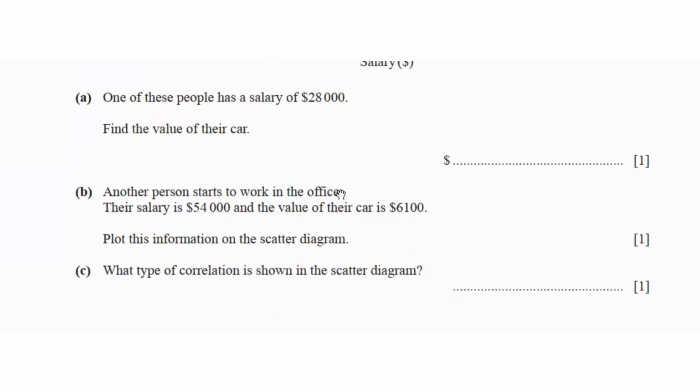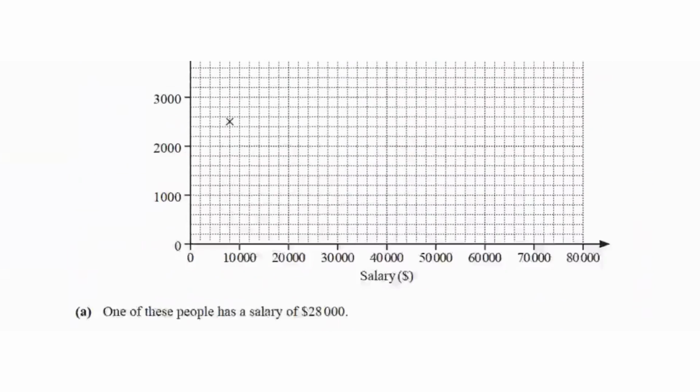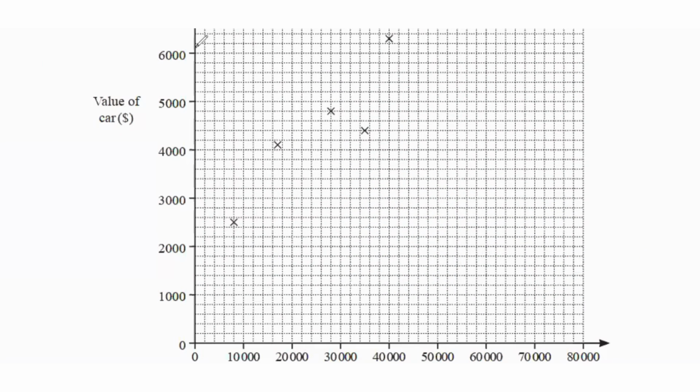Another person starts to work in the office. The salary is 54,000 and the value of the car is 6,100. Plot this information on the scatter diagram. 6,100 is going to be over here, and 54,000 is going to be over here.